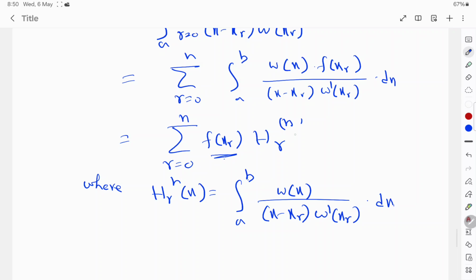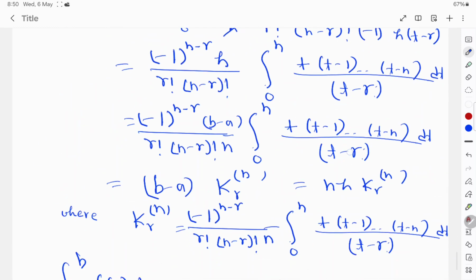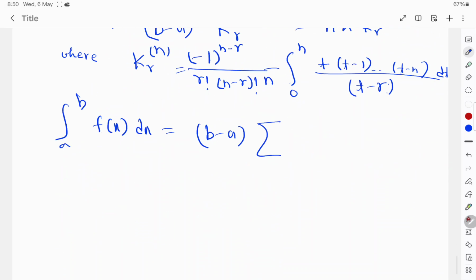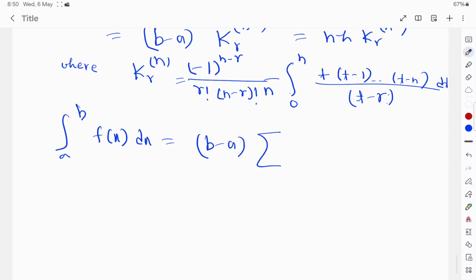That also you have. Now we have found that h rn will be b minus a into k rn, right? So f xr is there. So b minus a we have already written. So f of xr k rn. Okay, so this is the expression.